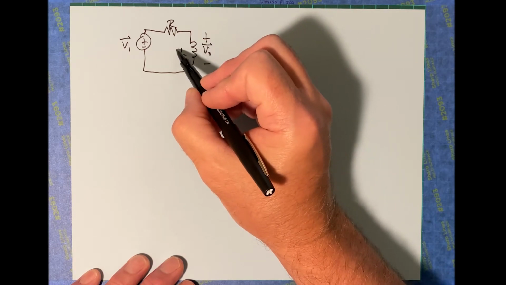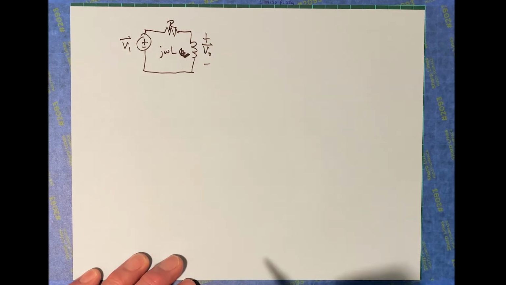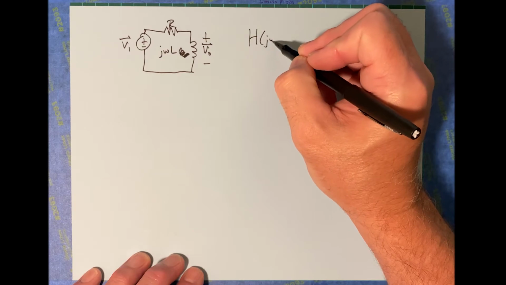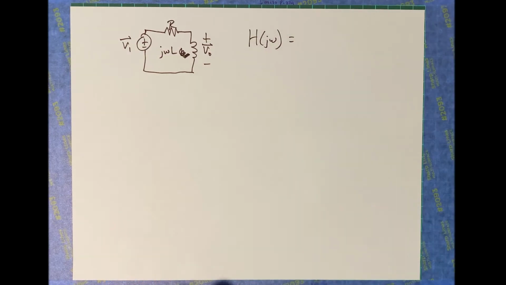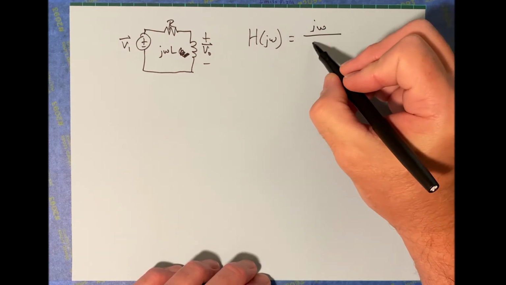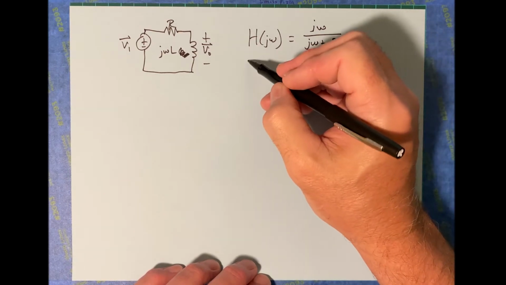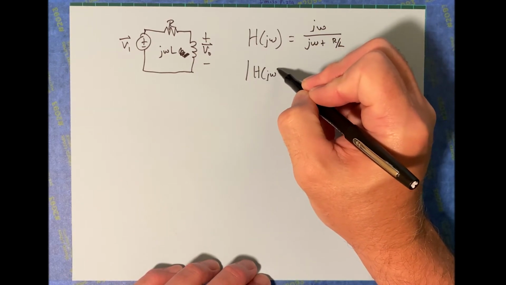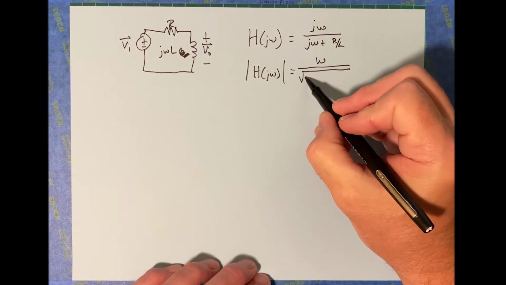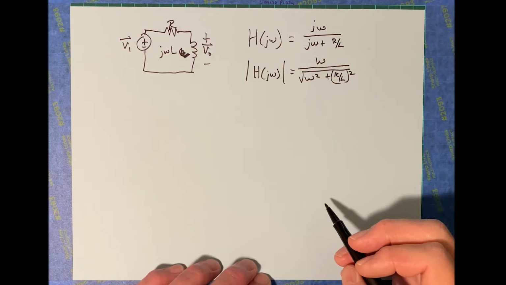We'll just go ahead and convert this. This is going to be j omega L. Then our transfer function, going through the steps again. We've done this several times now, so it shouldn't be a big deal for you. j omega over j omega plus R over L. And then the magnitude, like that.